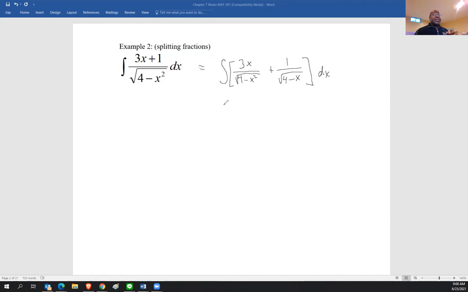So this way we can deal with each term separately. That's 4 minus x squared. And that second term, we should recognize that that's going to be one of the inverse trig functions. So that's going to be convenient for us.